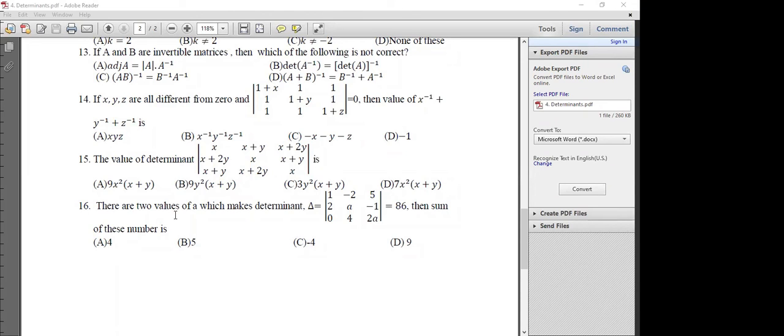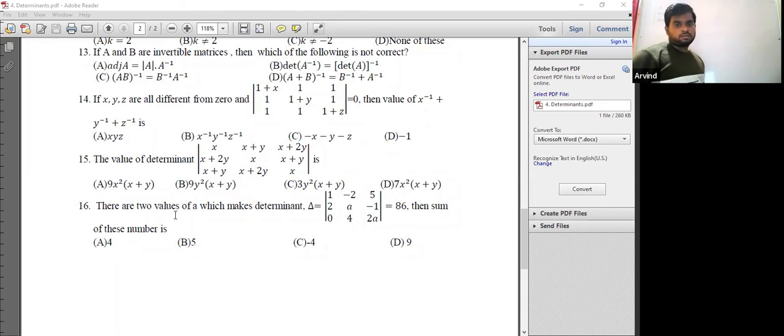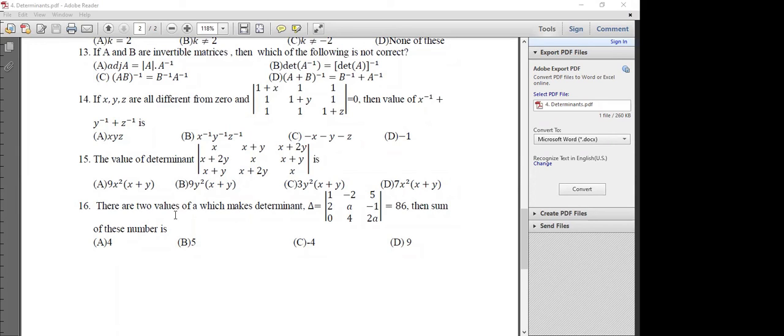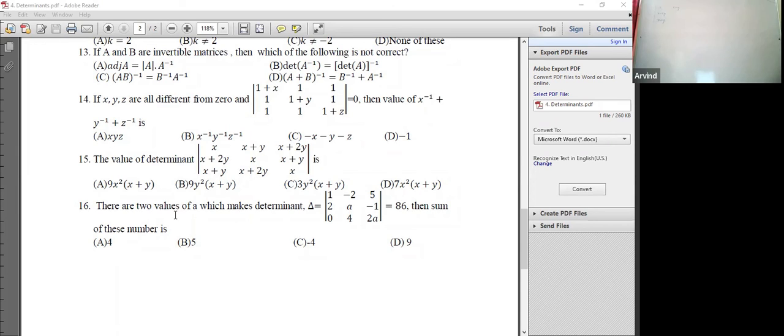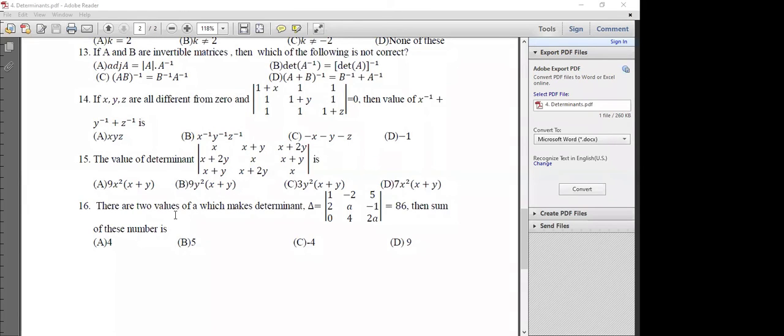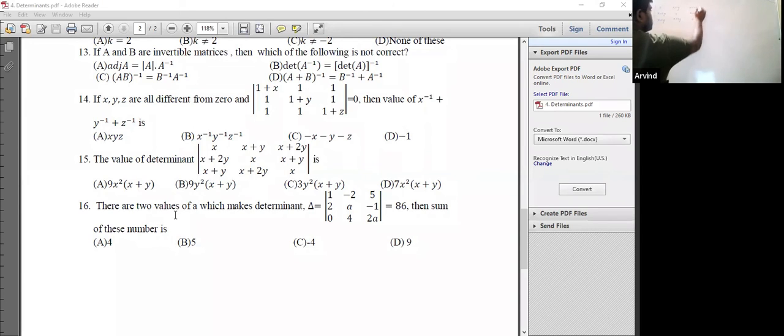Correct. 3y, x plus y into 3y. Okay, then it is correct. Let's quickly do it. A few more problems are there apart from this question.